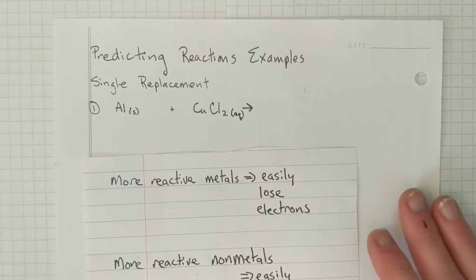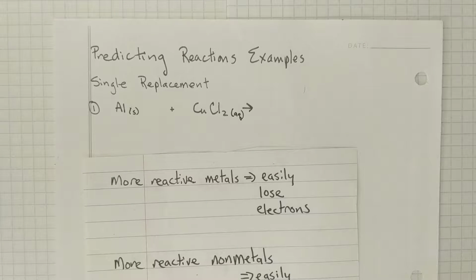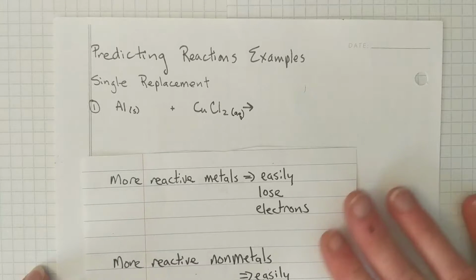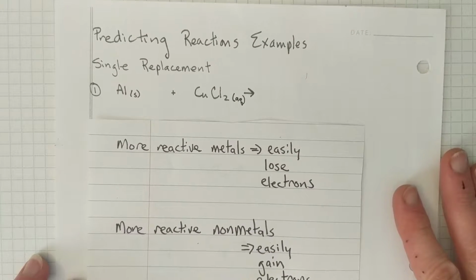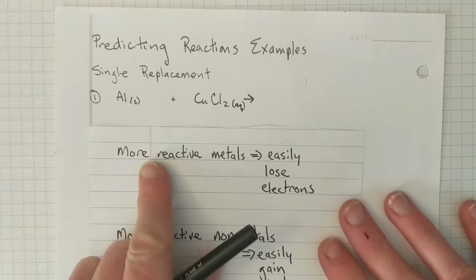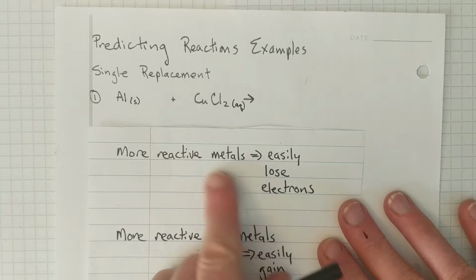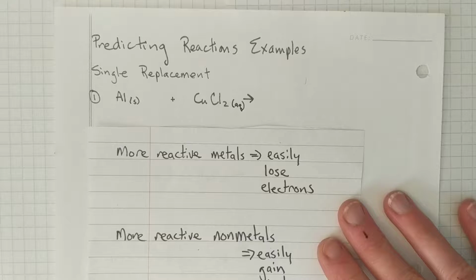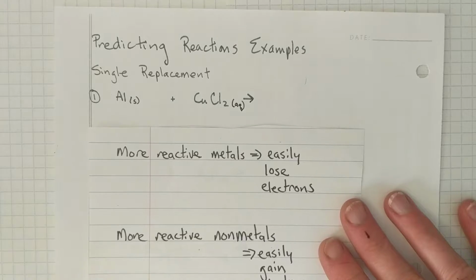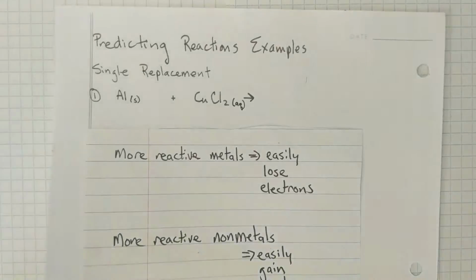We have here solid aluminum reacting with copper chloride in an aqueous solution. We want to remember that more reactive metals easily lose electrons.